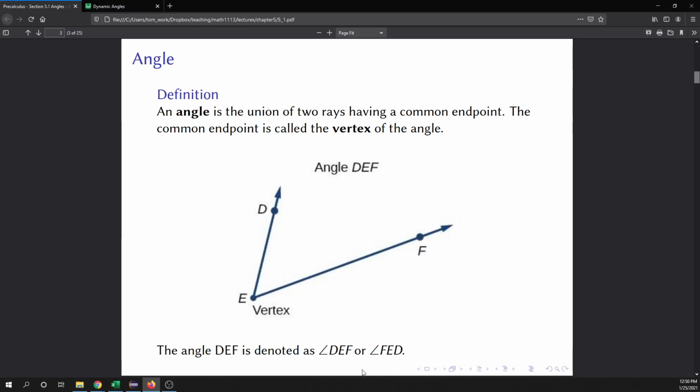The only requirement is that the letter associated with the common endpoint, the vertex, needs to be in the middle. That's how we specify angles in terms of points and endpoint.